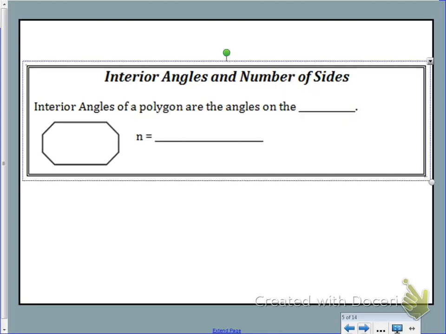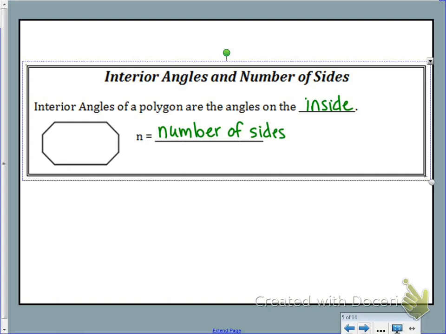All right, looking at this, the interior angles and number of sides. Basically, the interior angles of a polygon are the angles on the inside of the polygon. And n stands for the number of sides.